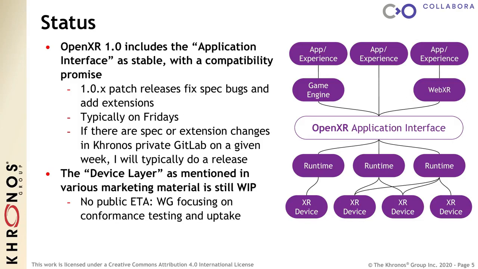There's no standardized interface between runtimes and XR devices. There's no device plugins, but runtimes may support one device or more than one. And importantly, the interface between an application and the runtime is standardized, so you can use your applications across multiple runtimes and thus multiple devices.